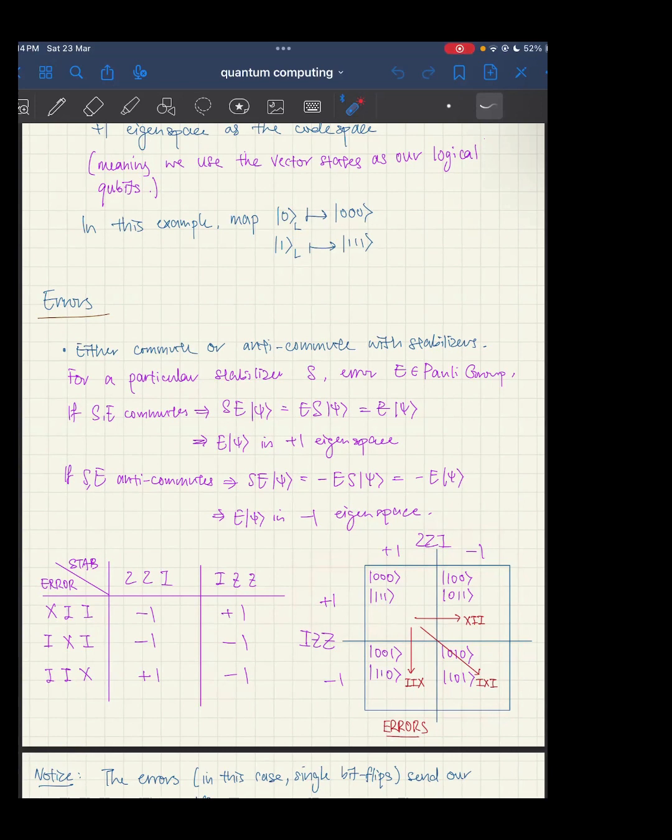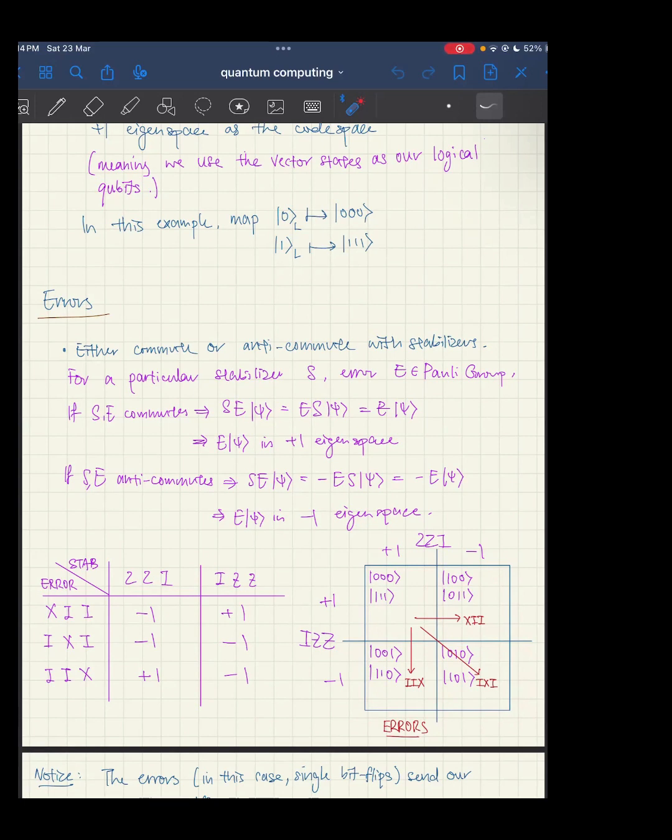And we see that each error sends the code into its own individual separate subspace, like so. And this is exactly what we want. We want to choose a stabilizer where all the errors that we are trying to correct will send it into other subspaces where we can detect them.